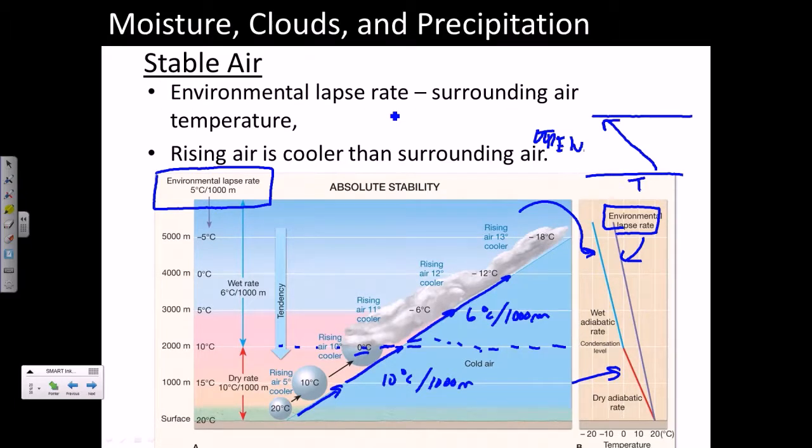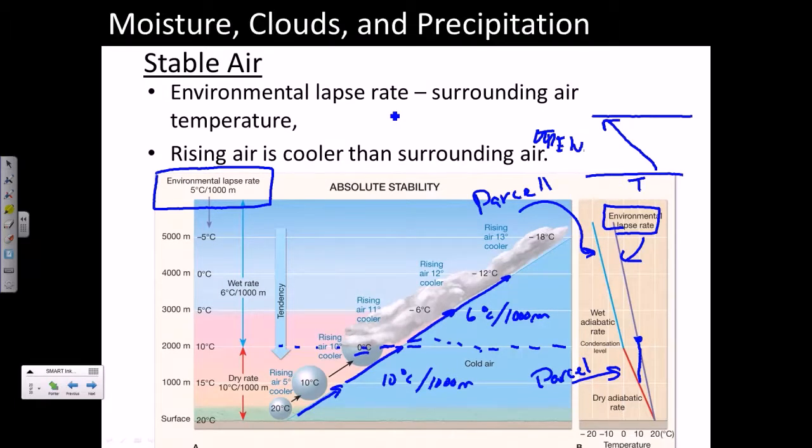And so what we notice, though, is that the parcel temperatures are always less than the environmental rate. So, if I draw a line from here down, right? Oh, I'm sorry.